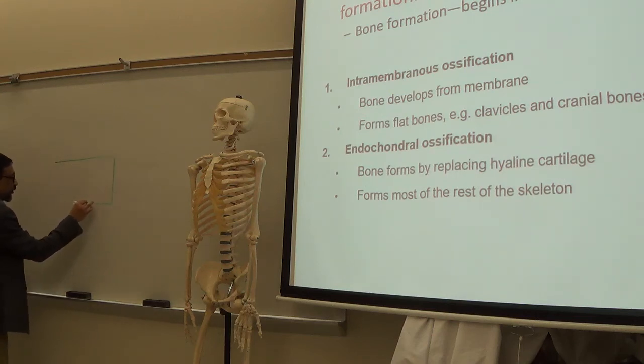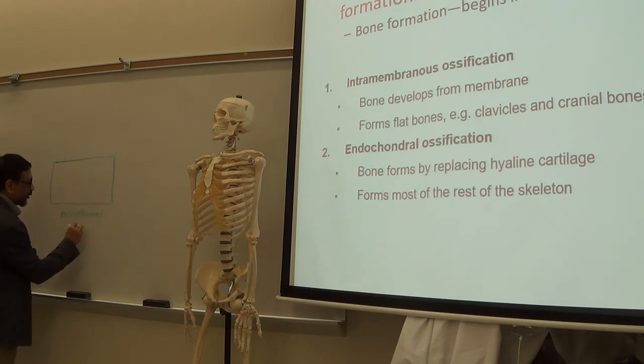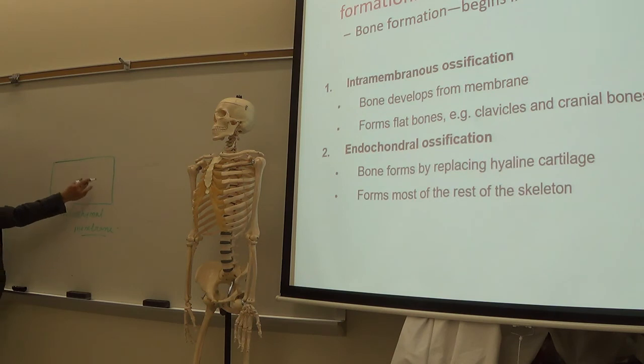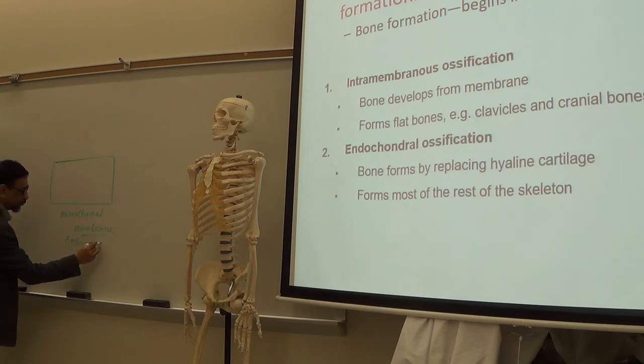The bone is formed in a membrane that is called the mesenchymal membrane, formed by mesenchymal tissue, which is an embryonic tissue, or embryonic membrane. Okay?